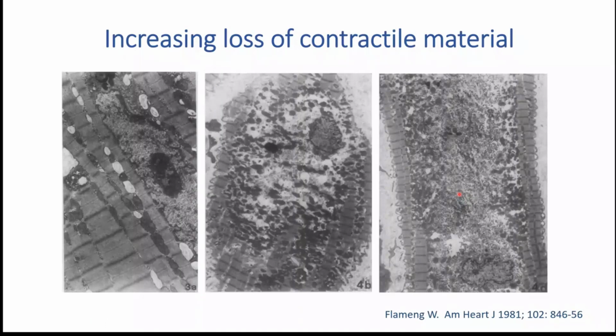Going down a few orders of magnitude with electron microscopy, here's a normal myocyte, and two myocytes from areas of hibernation, where you see that the contractile apparatus becomes disjointed. Some of it's lost in the cell, and here it's abolished to around the periphery of the cell, with the center of the cell being empty, containing no contractile protein.